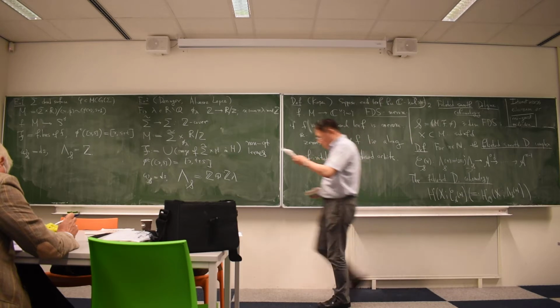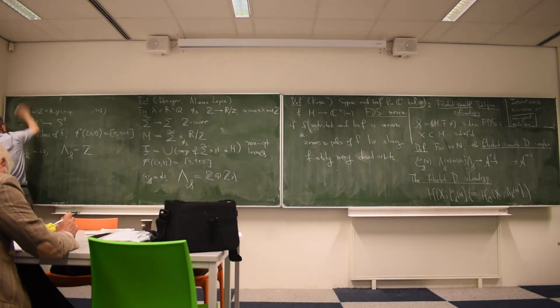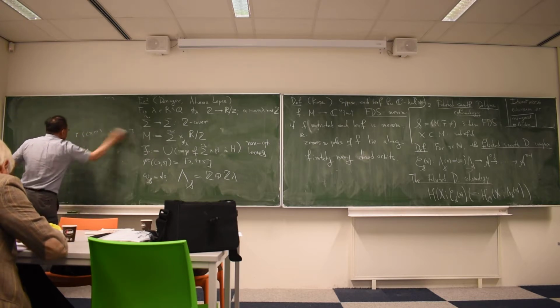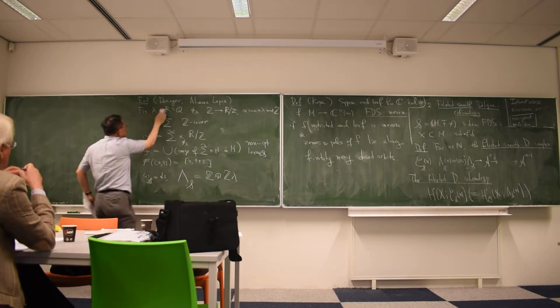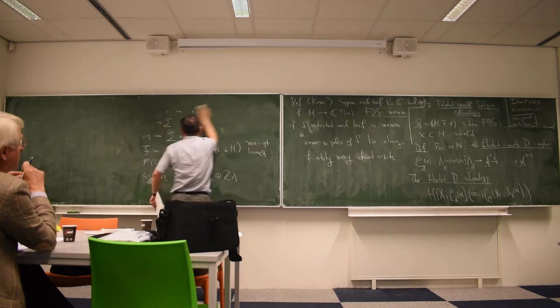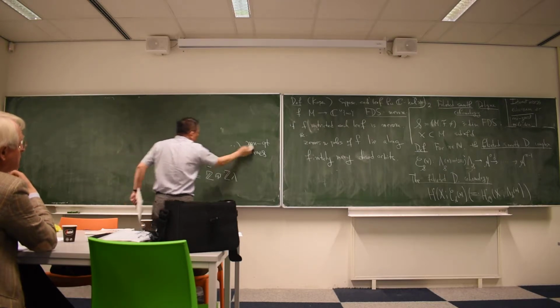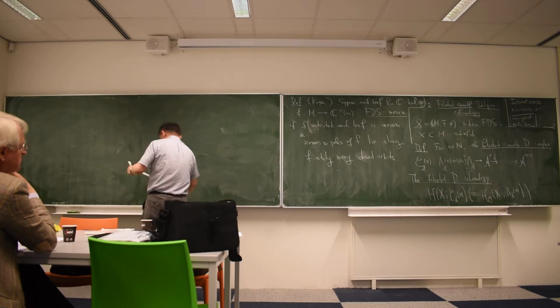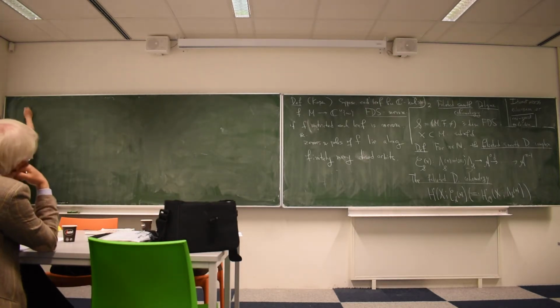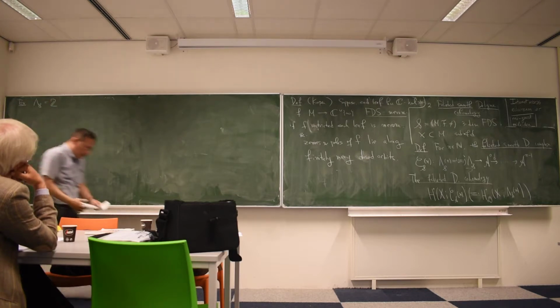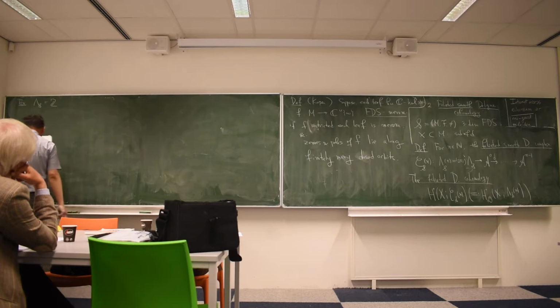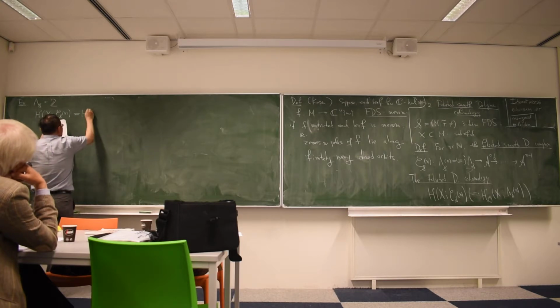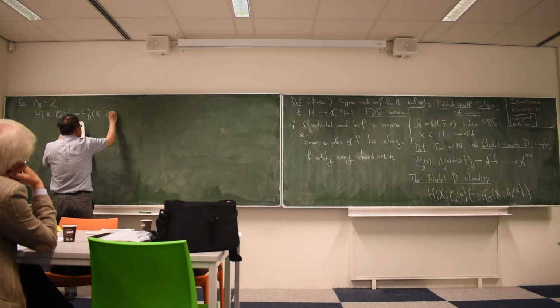For example, if the period group is Z, this is the case of the fiber bundle over the circle, then in this case our foliated Deligne homology is nothing but the usual Deligne homology, Z(n).